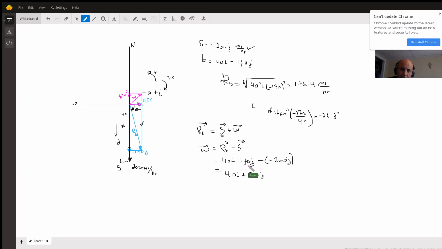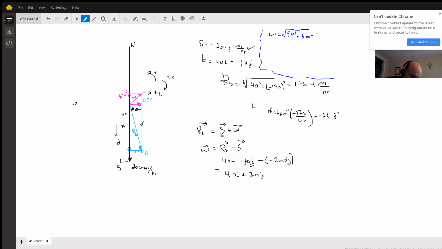Now, if you want to know the magnitude of vector W, let me write in blue. The magnitude of vector W is what? Square root of 40 squared plus 30 squared. Let's see what we get.